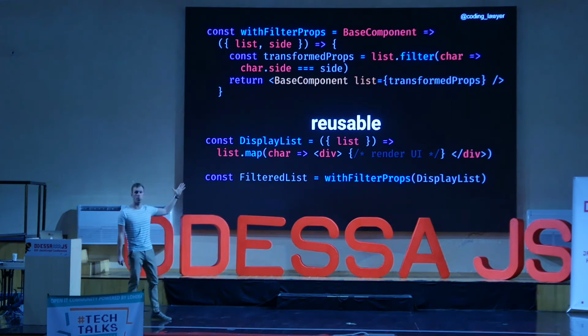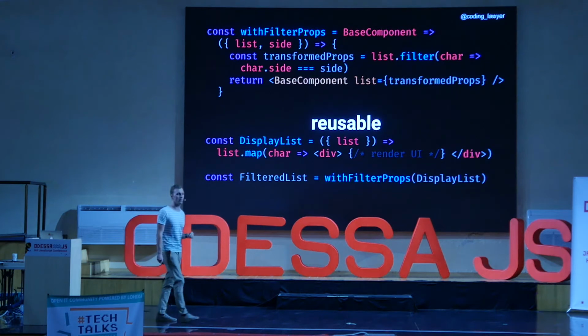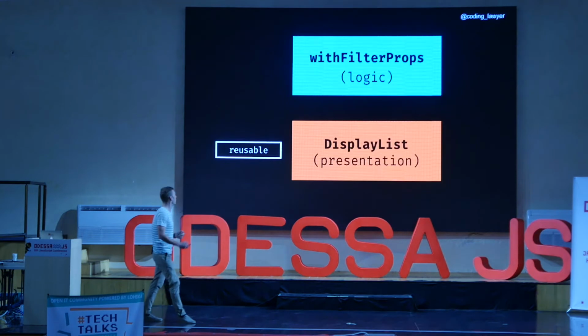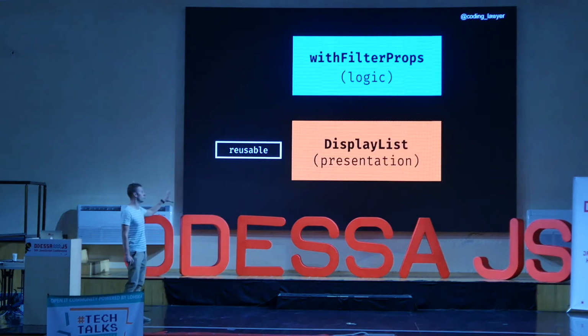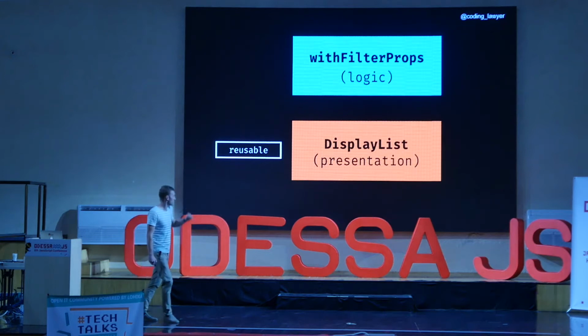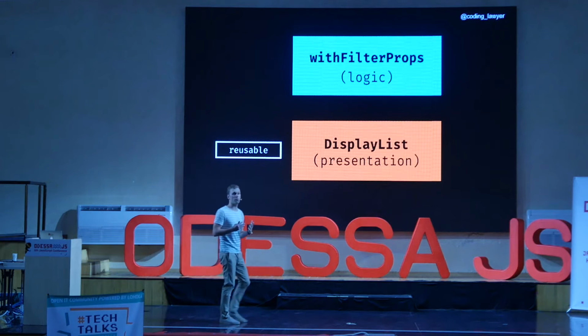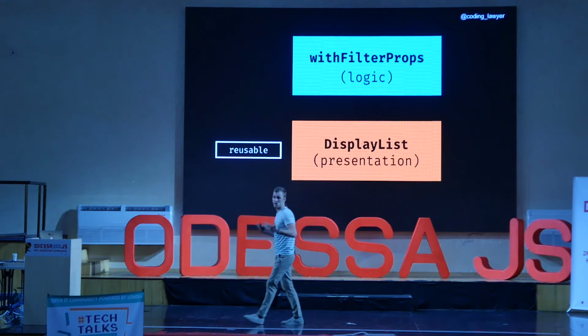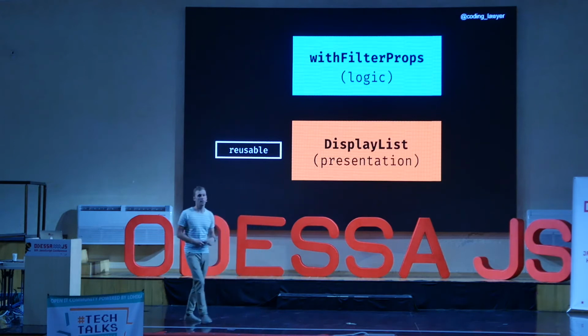If you take a look at our example, what we did here is that we abstracted the logic to the higher order component, and our base component became reusable again. If we visualize it, we are right here. We have a reusable presentation component and a higher order component that injects a piece of logic to it. You can store whatever logic you want inside your higher order component. You can maintain state, you can transform props, you can deal with the lifecycle methods, whatever you want.